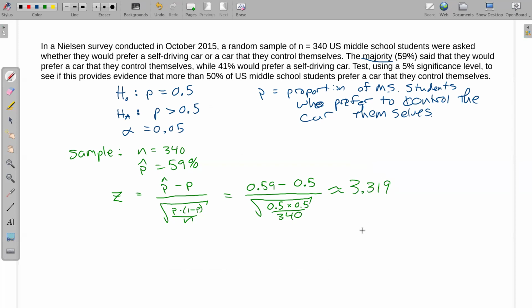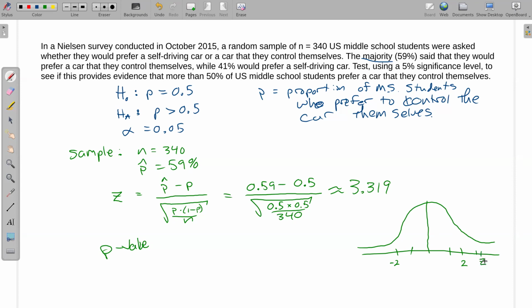Next, I need to figure out what the p-value is. Now, we already know the 95% rule. The 95% rule told us that 95% of the data is going to be within 2 standard deviations of the mean. So that'd be a -2 there and a +2 there. Our z-score is bigger than 3. So 3 is about there, 3.3 is going to be about here.